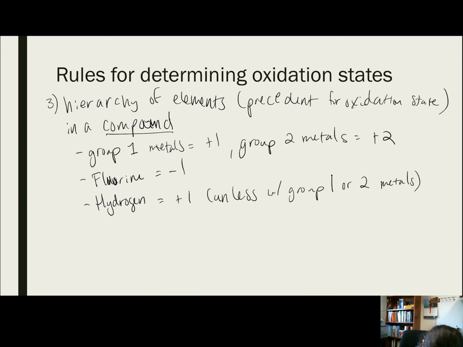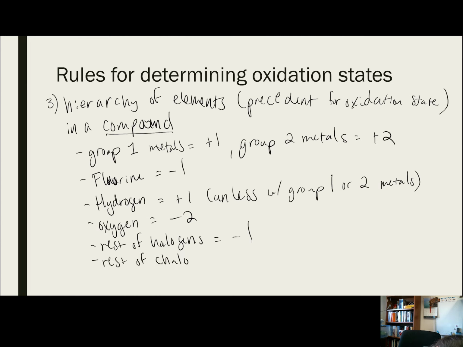Oxygen is equal to -2, again unless an earlier thing takes precedence. The rest of the halogens will be equal to -1. The rest of our chalcogens, our oxygen group, will be -2, and the pnictogens, our nitrogen group, follow after that.